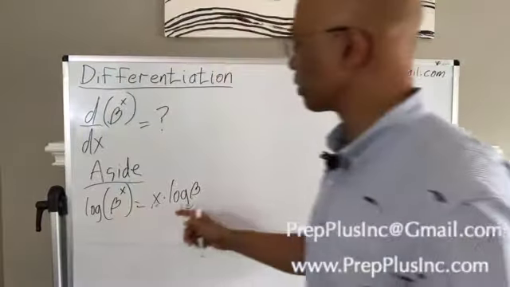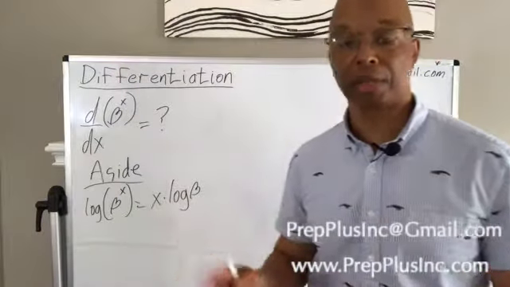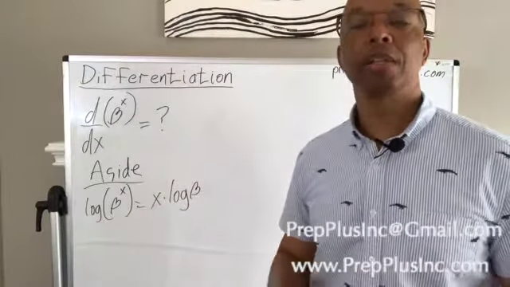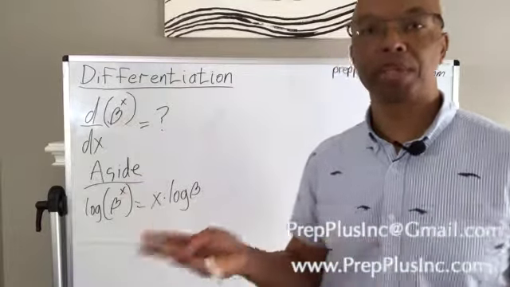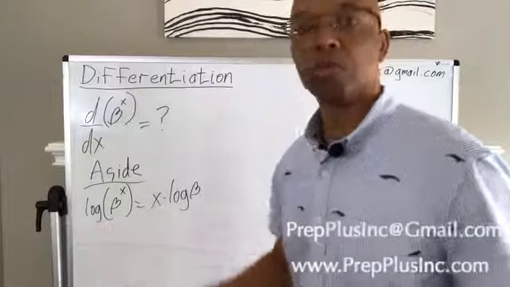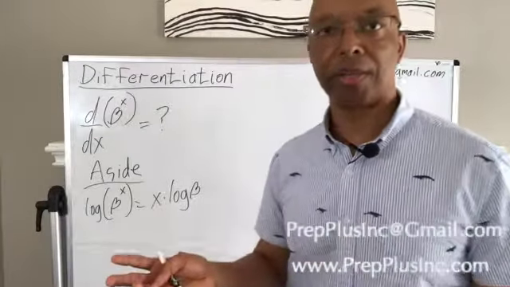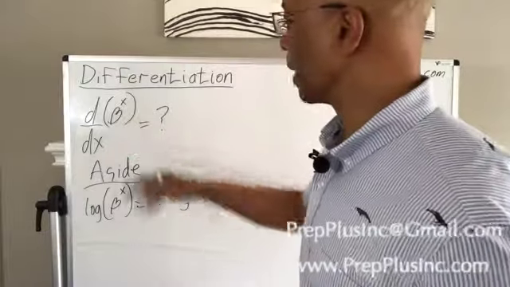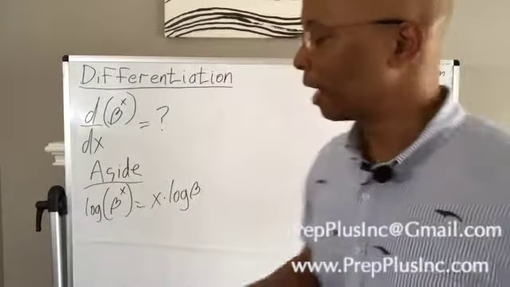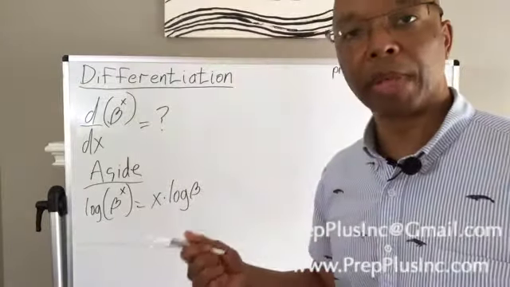And this logarithm can be with respect to any base. It can be log base 10, log base 2, log base e. It doesn't matter. Whatever base you want, the rules of logarithms always apply. So this means that I can write beta to the x. I'm going to work in base e.